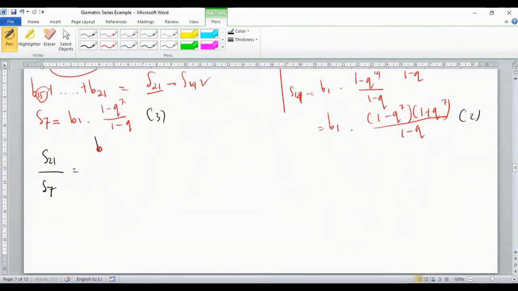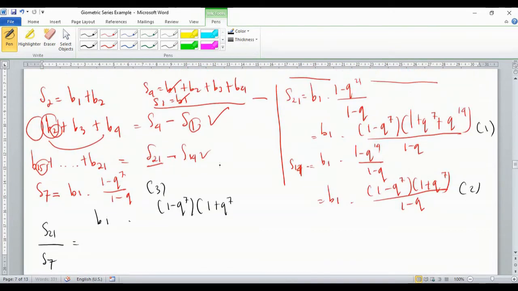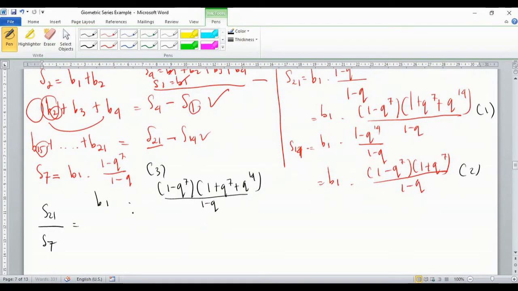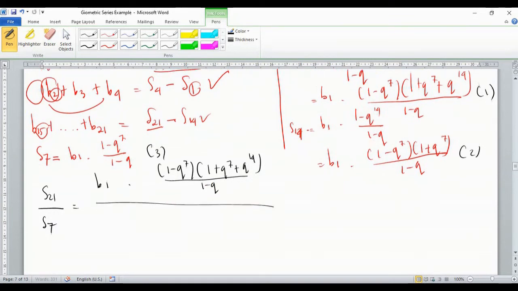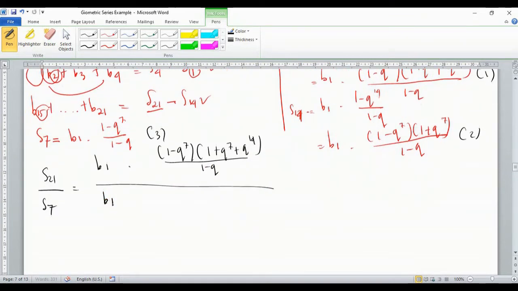So S21 is B1 times 1 minus q power 7 times 1 plus q power 7 plus q power 14 over 1 minus q, divided by S7, B1 times 1 minus q power 7 over 1 minus q.